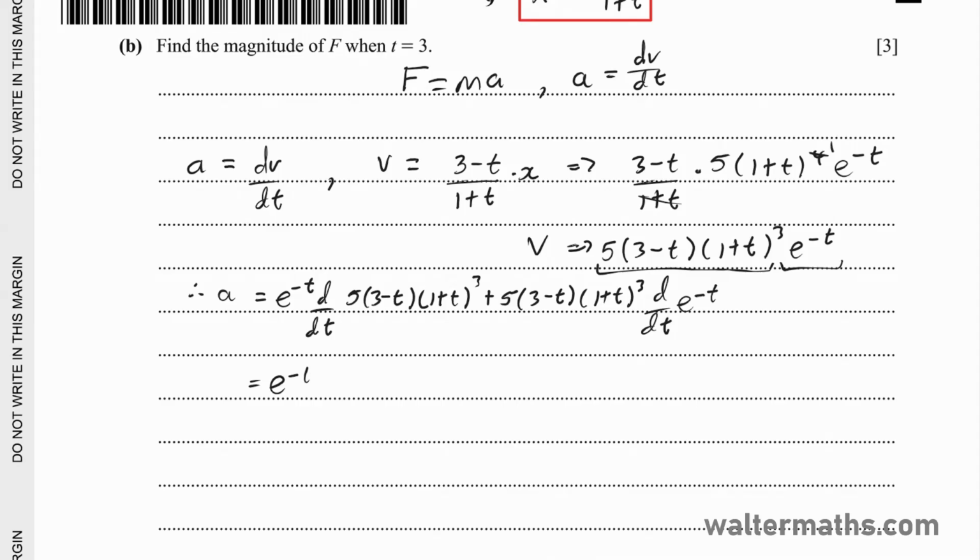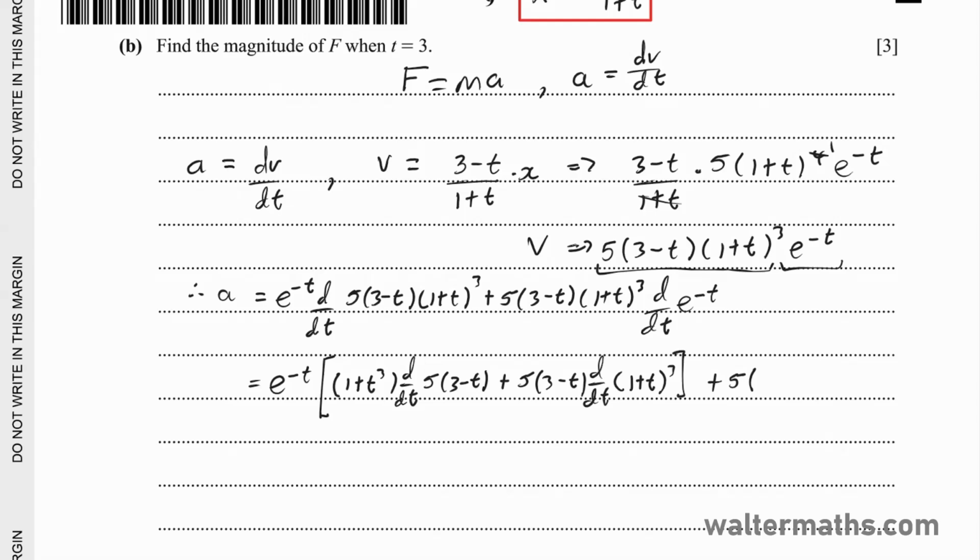So I'm going to treat this as a product again. So that's going to be (1 plus t) to the power 3 times the derivative with respect to t of 5(3 minus t), plus 5(3 minus t) times the derivative with respect to t of (1 plus t) cubed. And that's going to be plus this, right, which is 5.